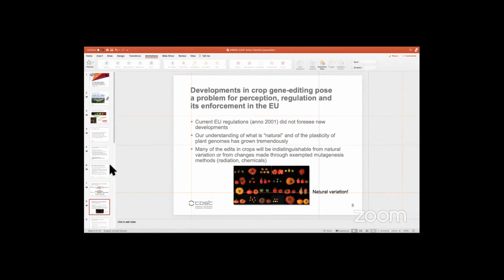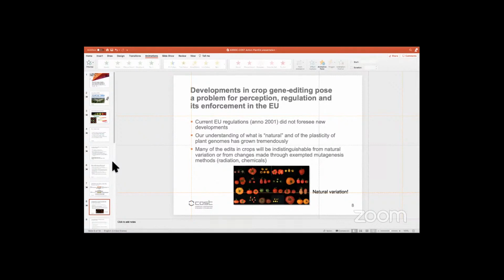So the development of crop gene editing poses a problem for the perception by the public, the regulation by the EU, and the enforcement of those regulations. Current EU regulations stem from 2001 for the release into the environment, and they did not foresee such fast new developments.